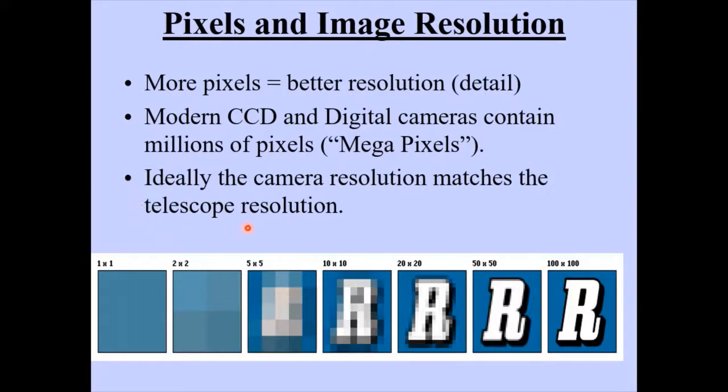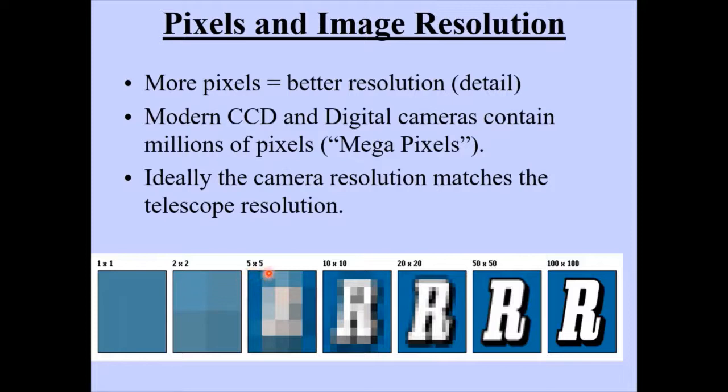Just to show the effect of adding more pixels, this diagram down here shows what an image would look like with 1 pixel. Obviously, there's no detail at all here. All 1 pixel would show is the average brightness of the image. This is 4 pixels in a 2 by 2 array, so 2 rows, 2 columns, and obviously we still don't see any detail here.